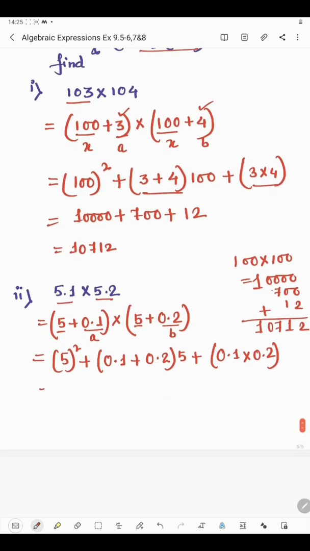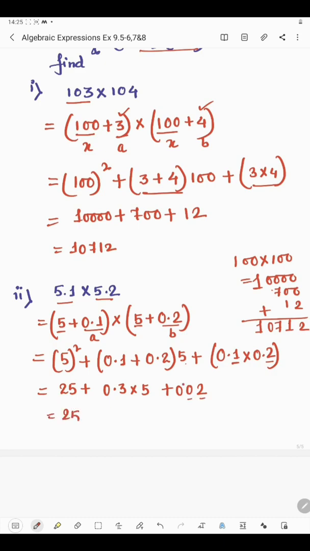Now 5 square means 5 into 5, 25, plus 0.1 plus 0.2 is 0.3, multiplied by 5, plus 0.1 into 0.2. So 2 ones are 2 and we have 2 zeros. So we have put 2 0. Now here after point 1 digit and here after point 1 digit. So we will have to put the point after 2 digits. So 1, 2. Here will be the decimal.